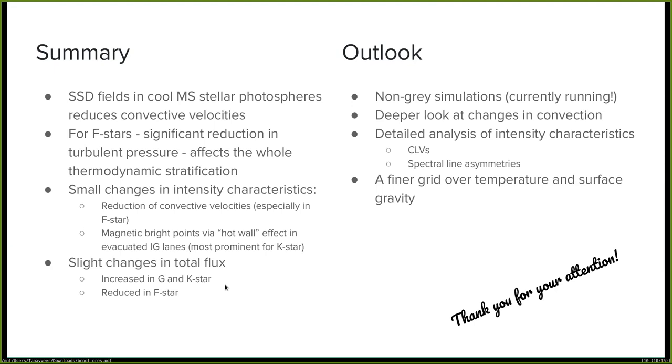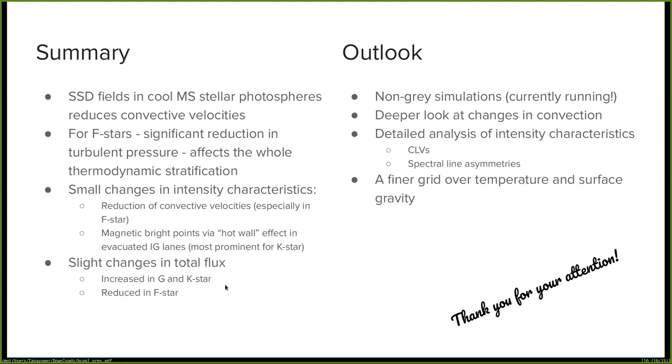You get a reduction in convective velocity, especially for the S star, and you get these bright magnetic point features, which have the same mechanism as the G star bright points, due to a hot wall effect from evacuated intergranular lanes, and this is most prominent for the K star. And you also get slight changes in total flux.